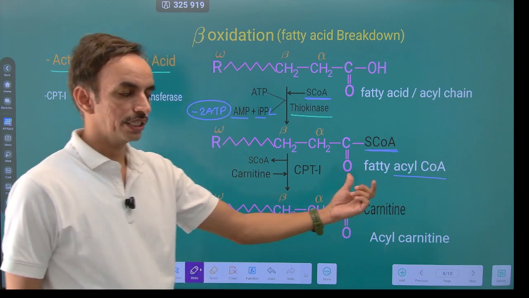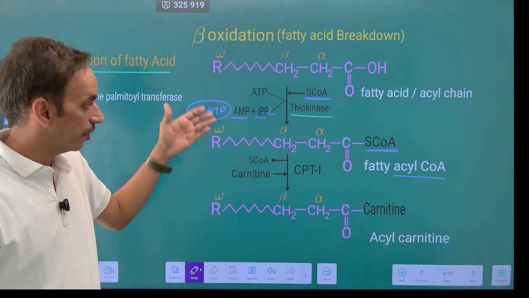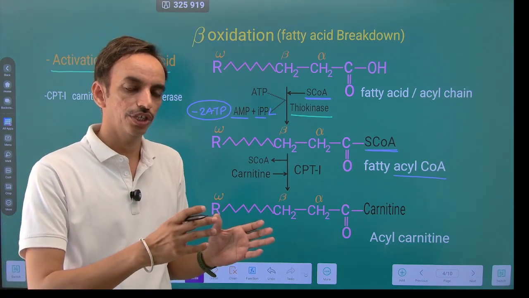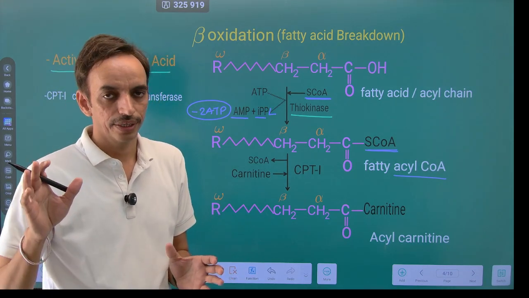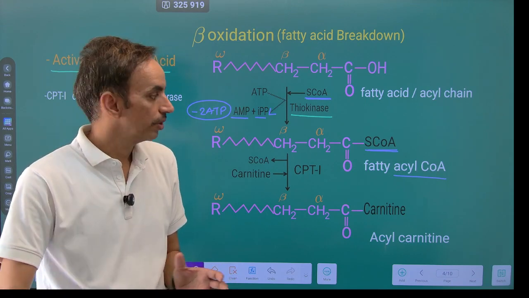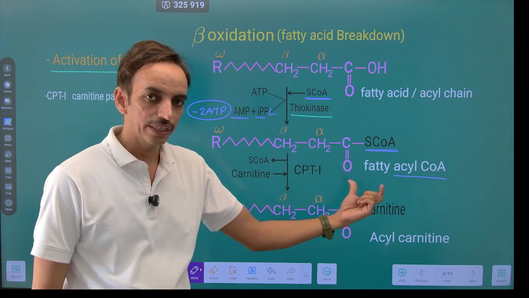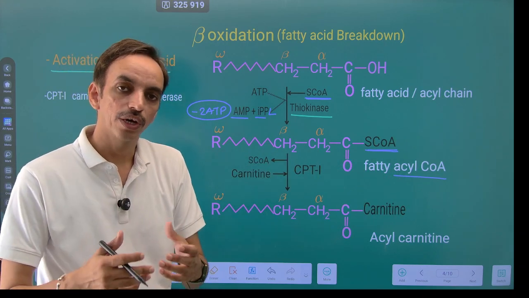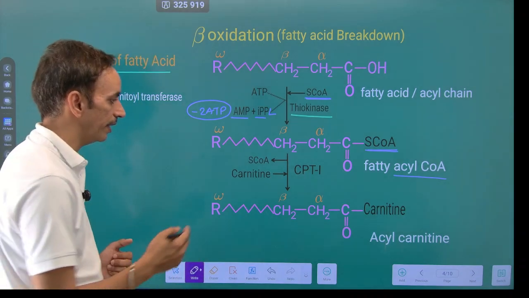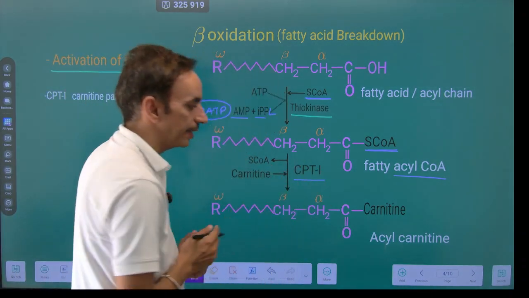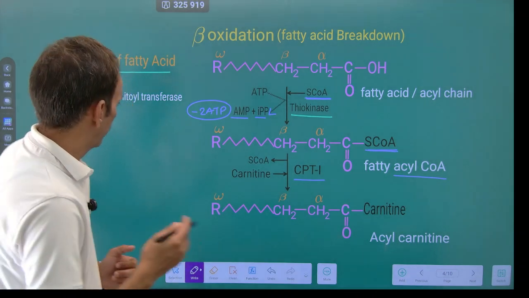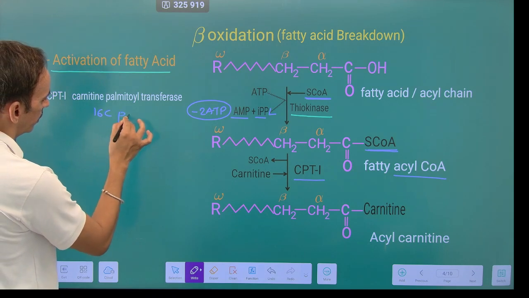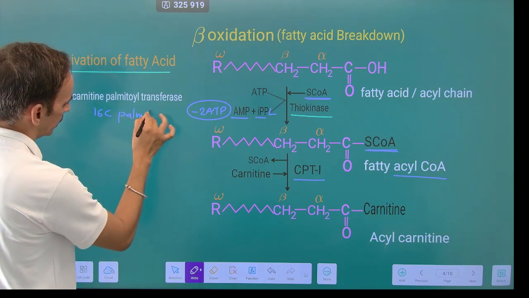So we have acyl coenzyme A. This is the activation reaction. Now after activation, we have to transport this acyl chain into the mitochondrial matrix, and the mitochondria do not allow the transportation of the acyl chain in the form of acyl coenzyme A, so we have to convert it into another form. For this, we have an enzyme known as carnitine palmitoyl transferase, because most of the time there is a transportation of 16 carbon palmitic acid.